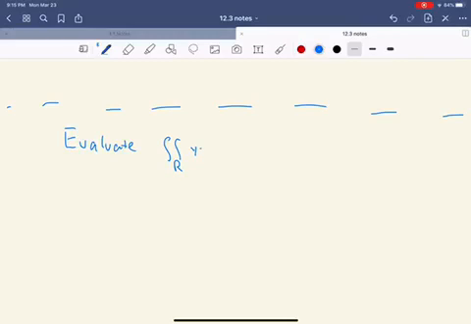The integral of y e to the x dA, where R is in the first quadrant and bounded by x squared plus y squared equals 36.